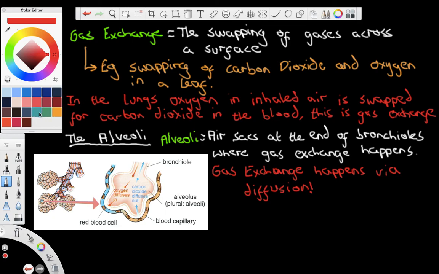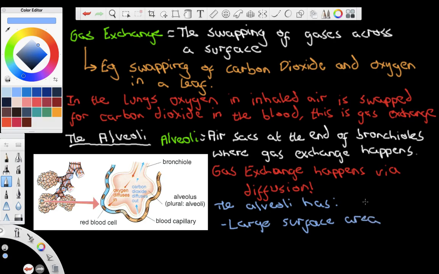So we can say, the alveoli has a large surface area. If it has a large surface area, there can be lots of space for where diffusion can happen.